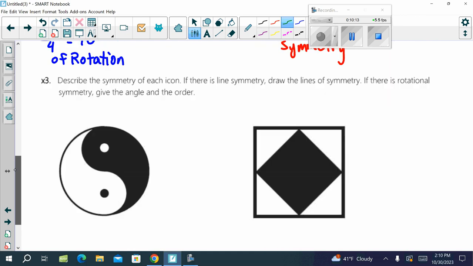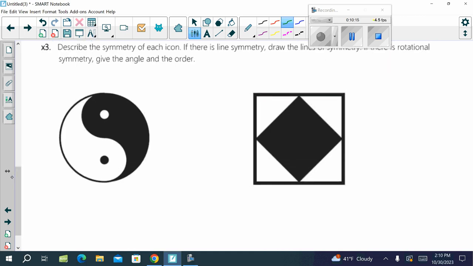Next, describe the symmetry of each icon. If there's line symmetry, draw the lines of symmetry. If there's rotational symmetry, give the angle and the order. So this yin yang, what do you think? Let's do line symmetry first. Does that have line symmetry? Where would it have line symmetry? It does not have line symmetry.